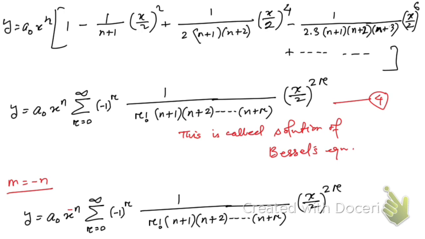Instead of n plus 1, you write minus n plus 1, then minus n plus 2, then minus n plus r. Hope you have understood this. So now if you put a naught is equal to 1 by 2 to the power n gamma of n plus 1, then it will be called Bessel's function.